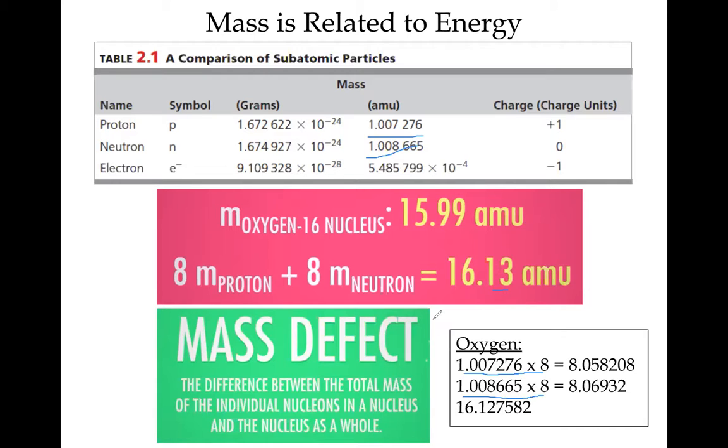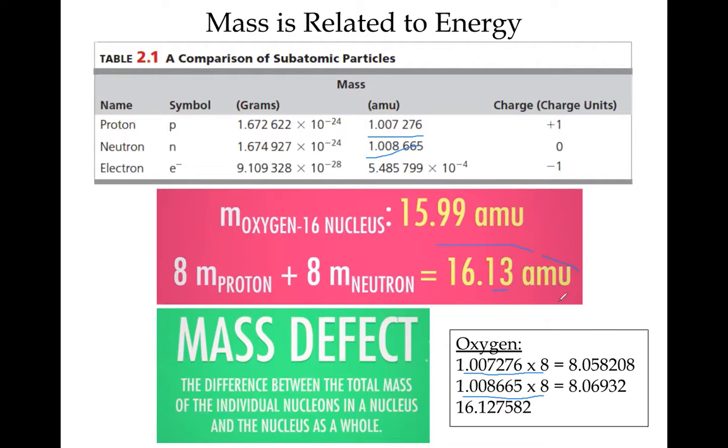Now, what's going on? Is this just people using different math? I mean, that's close, right? 16.13, 15.99. Close, but it's not a mistake. It is a mass defect. Okay, the mass defect is the difference between the total mass of the individual nucleons, right?